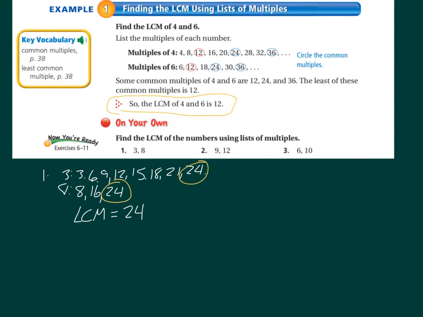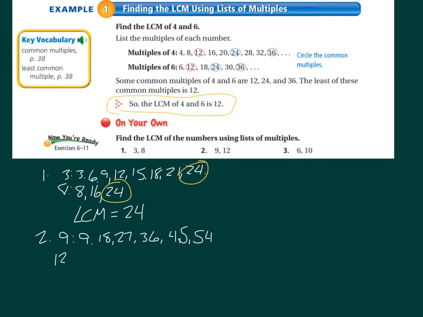Number 2, we list out the multiples, and for 9 we get 9, 18, 27, 36, sorry, I had a brain fart there, 45, 54, okay, and I'm thinking I can stop here.